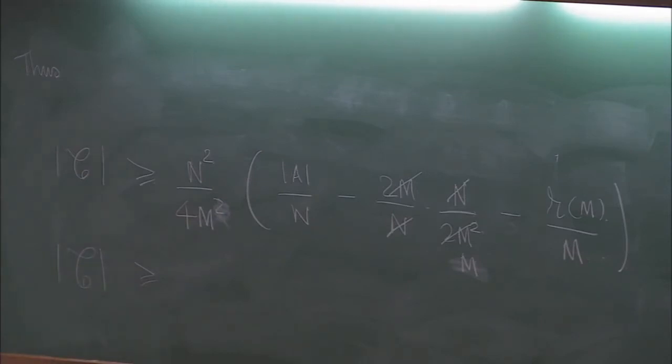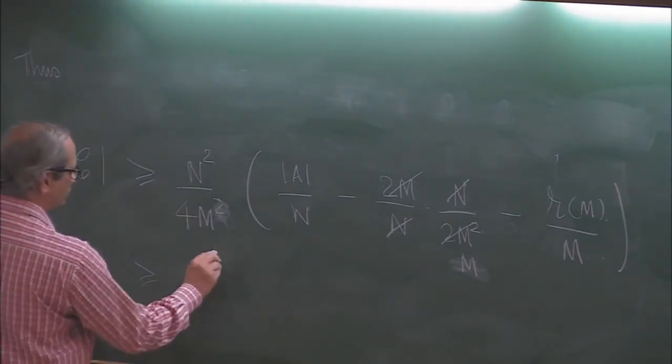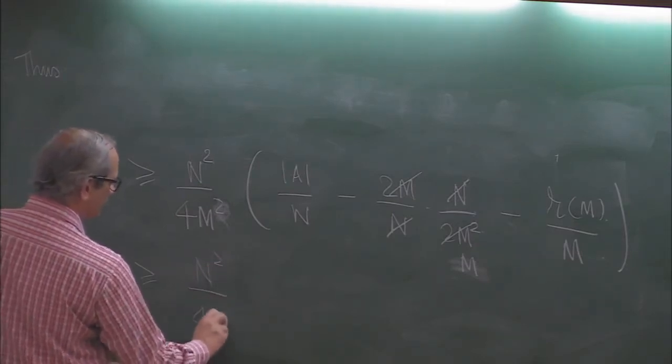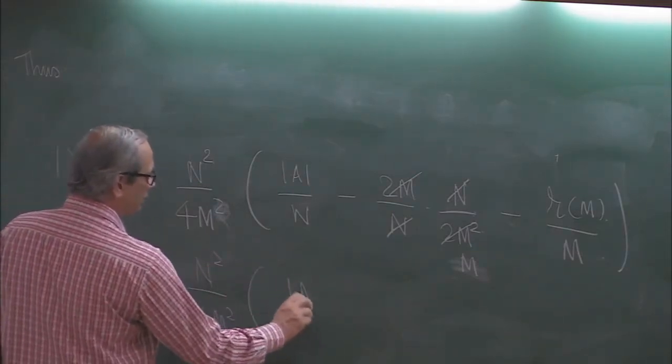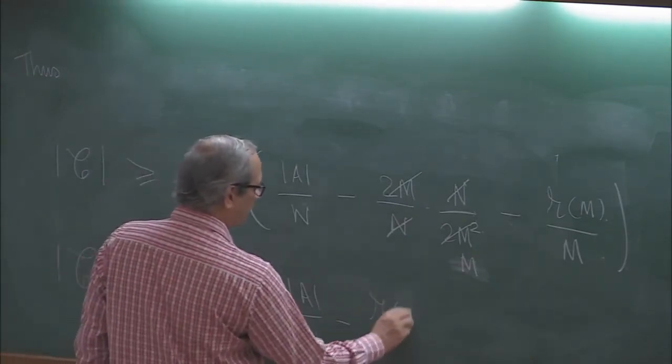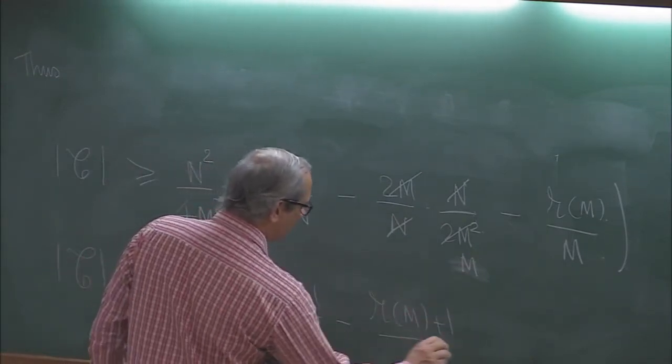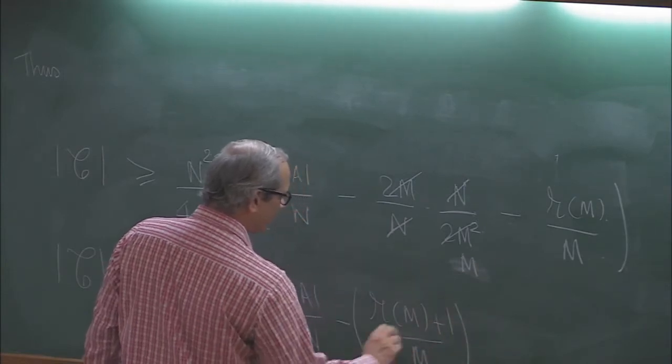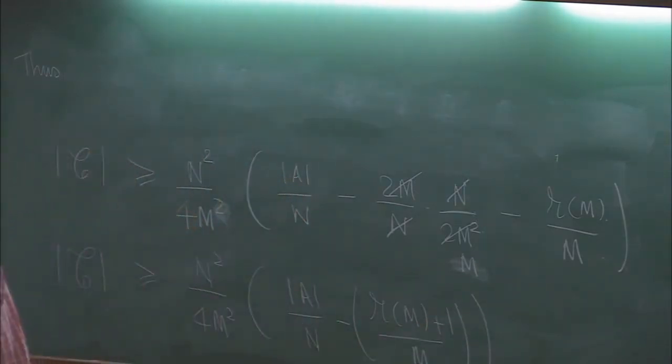Okay, so you get this. Therefore, you have n square by 4m square times the cardinality of A by n minus r of m plus 1 by m in the bracket like this.